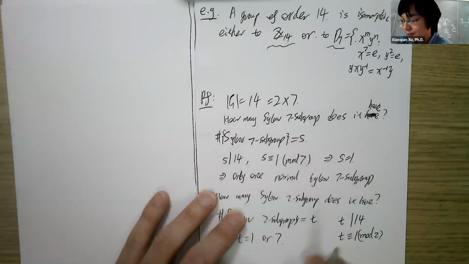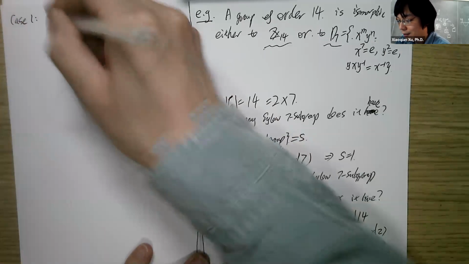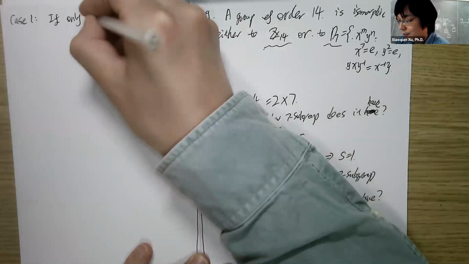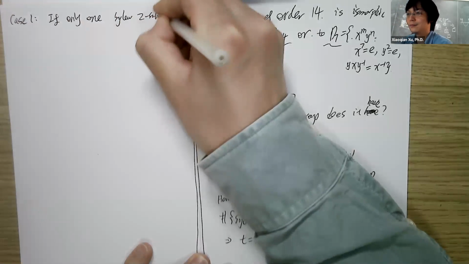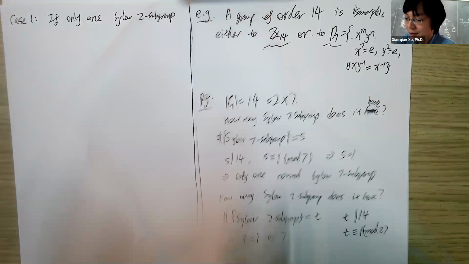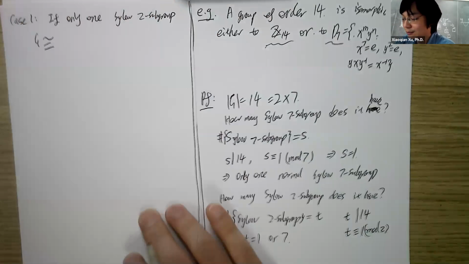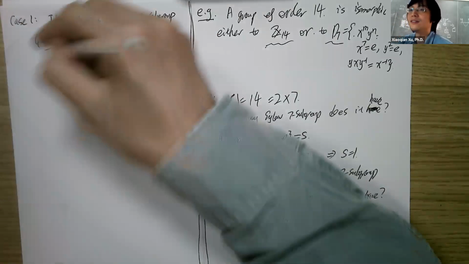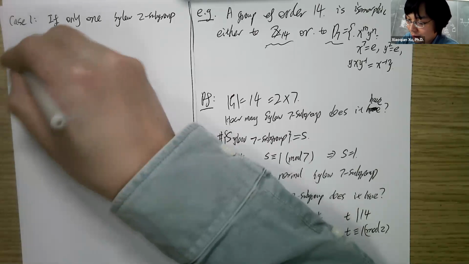So case 1: if there is only one Sylow 2-subgroup, then we are done, right? Just as in the previous problem, G is isomorphic to Z14. But how about case 2?